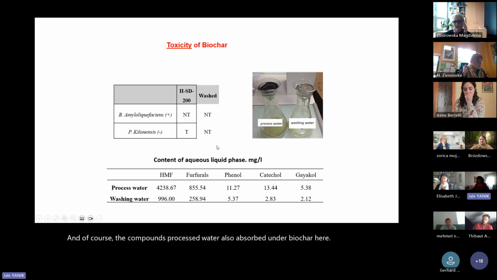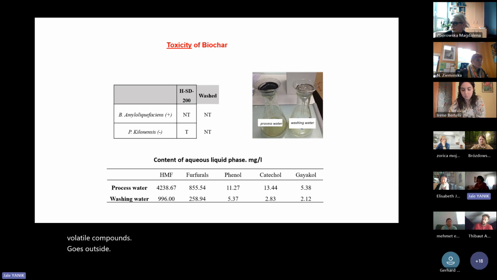But in dry carbonization, the process is exactly different. During carbonization, all volatile compounds go outside and are not accumulated on the biochar. And also, at the beginning of my speech, I said that this is biochar, not charcoal.